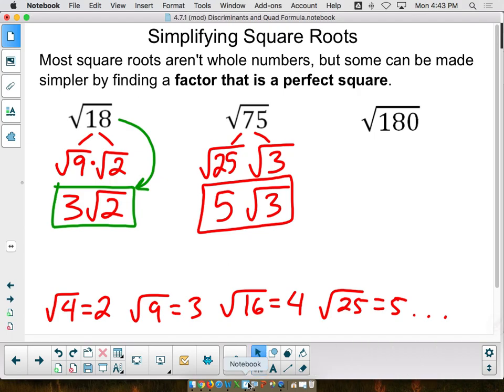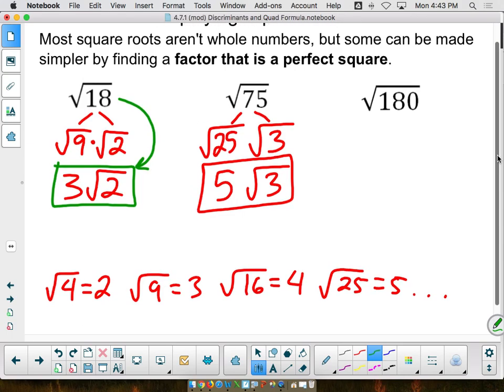And then finally here, 180 can be tricky. You might recognize that 9 goes into 180. And if you check in the calculator, 9 times 20 is 180. So this would become 3 times the square root of 20.